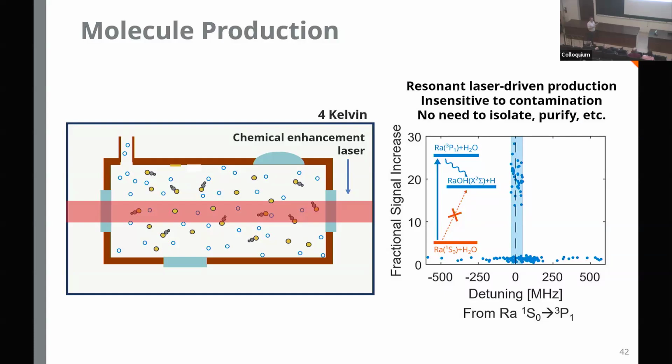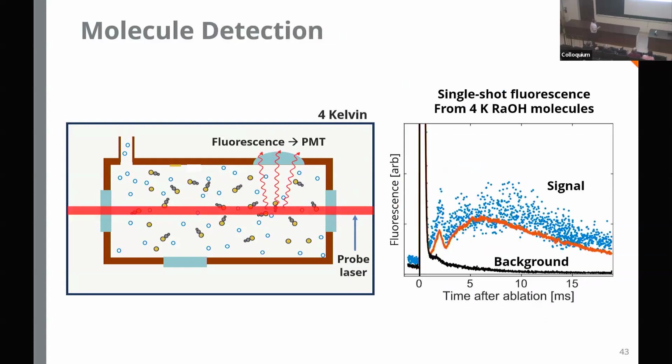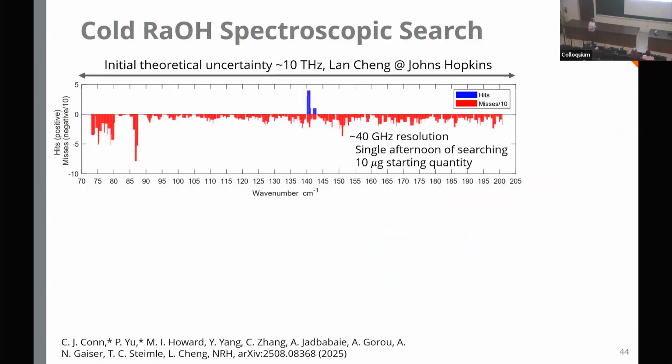We make the molecules on demand when we need them. In fact, currently the radium is basically a trace impurity in this matrix. We can then send a scanning resonant laser through, scatter photons off of the molecules, and detect them with a photomultiplier tube, and with a single pulse and creation of molecules, we can detect the fluorescence in a single shot and measure the properties of these cold radioactive molecules.